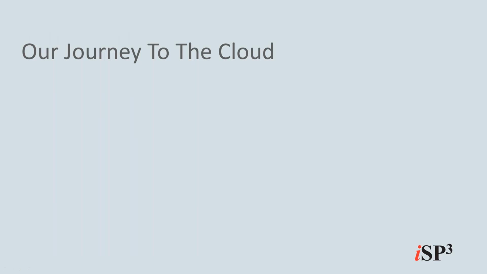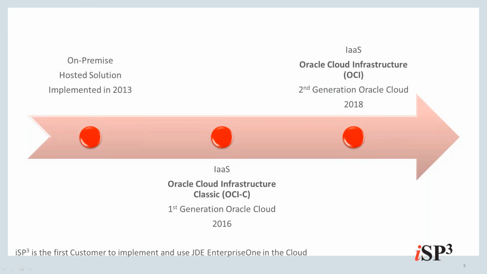So, our journey to the cloud. Originally we implemented JD Edwards on-prem in the year 2013. The intent was to have a demo system, because as a business partner we do demos for various clients. So the original thought was to have a demo system running in one place, and we chose an on-prem solution for that.